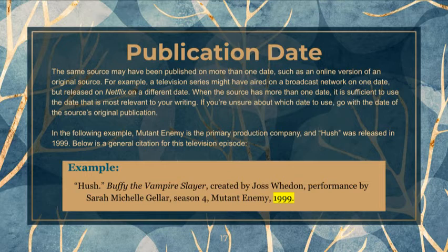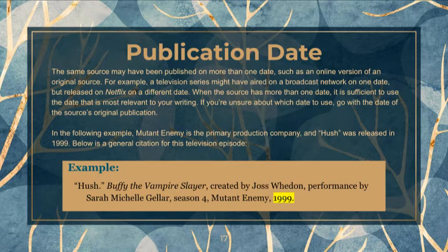Now, following the publisher, naturally, you will then include the publication date in your citation. The same source might have been published on more than one date, such as an online version of an original source. So make sure that you are clarifying the difference between those two dates. When the source has more than one date, it is sufficient to use the date that is most relevant to your writing, your research, or your particular essay.